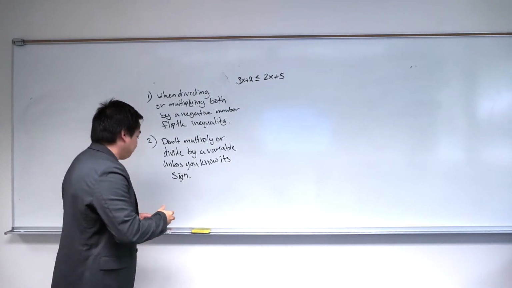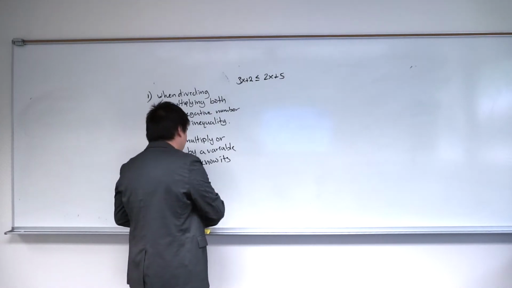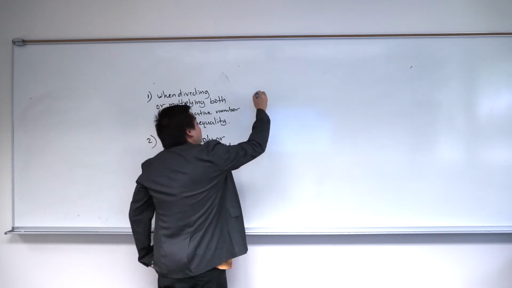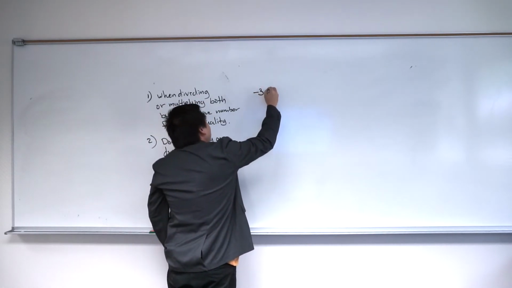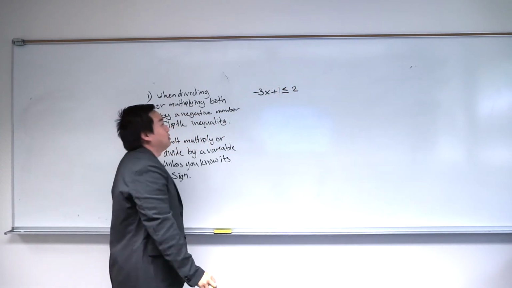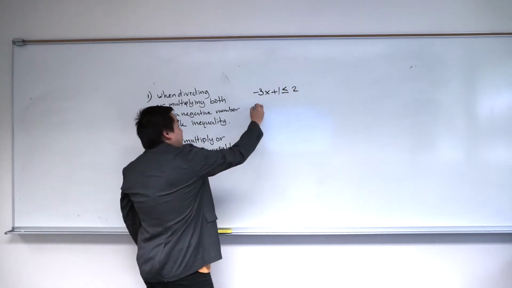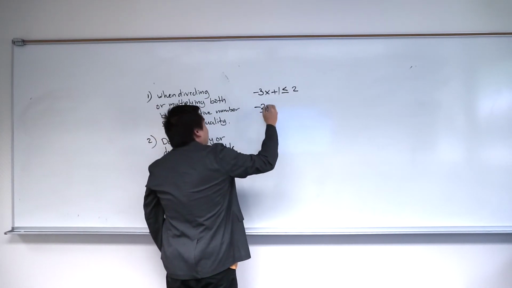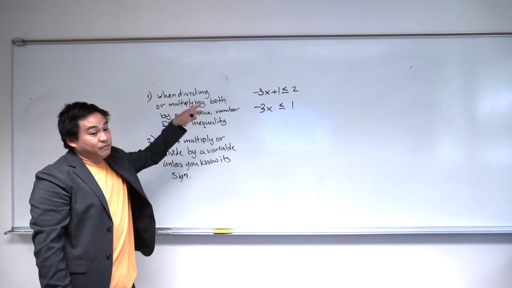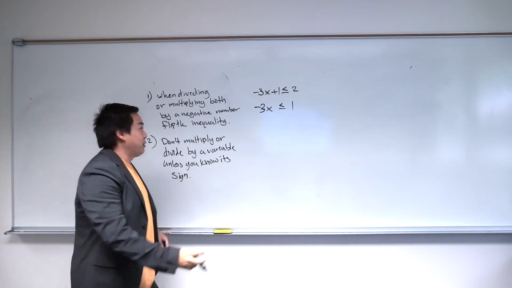So really quickly, let me just change this problem to have something very simple so we can see. Negative 3x plus 1 is less than or equal to 2. So this will give us negative 3x is less than or equal to 1. And in this case, we're going to divide both sides by a negative 3.